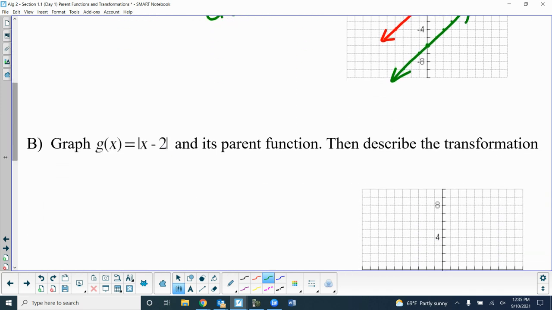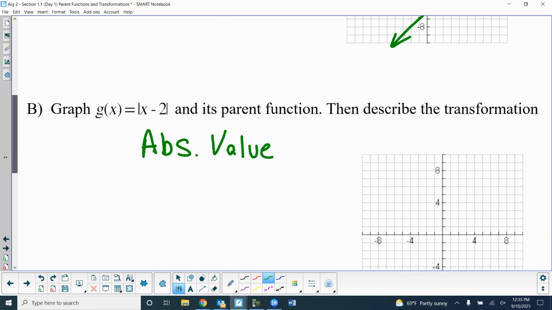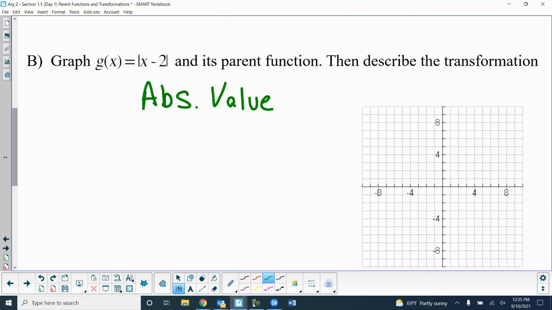All right, here's absolute value. What family is it? Absolute value family, right? All right, so let's draw the parent function. We should be getting good at this. 0, 0, and then going up 1 to the right and negative 1 to the left.